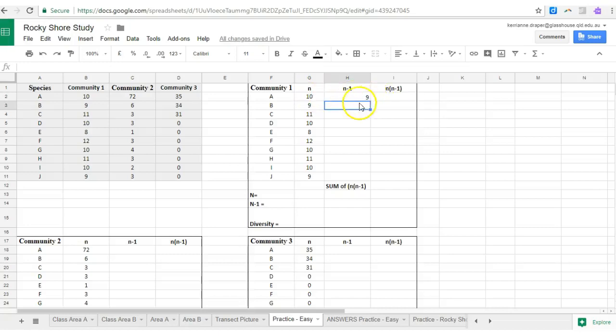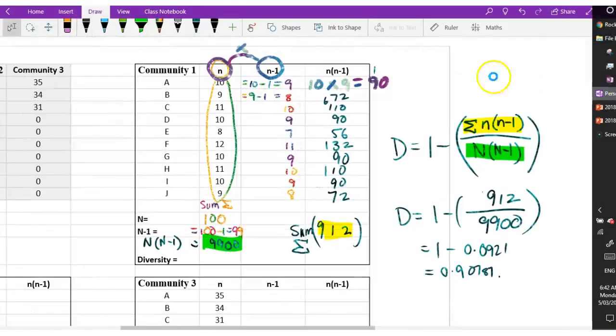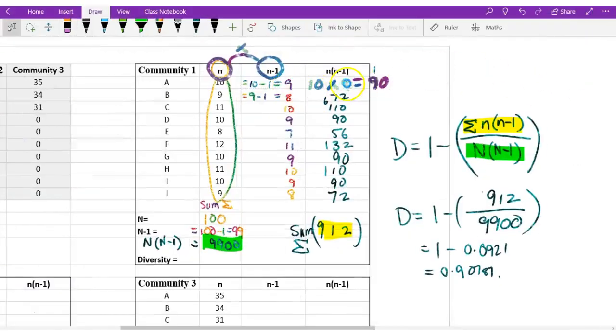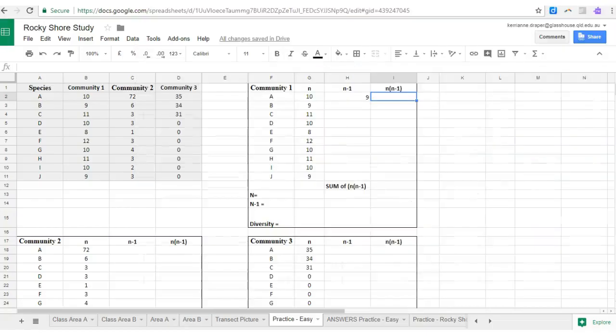Then I'm going to say, okay, I want to take those two cells and multiply them together, just like I did on the OneNote. So just over here. Remember how we did this cell times this cell to get this number here, 90? Well, we're going to do that here, but I'm going to do it by cells.